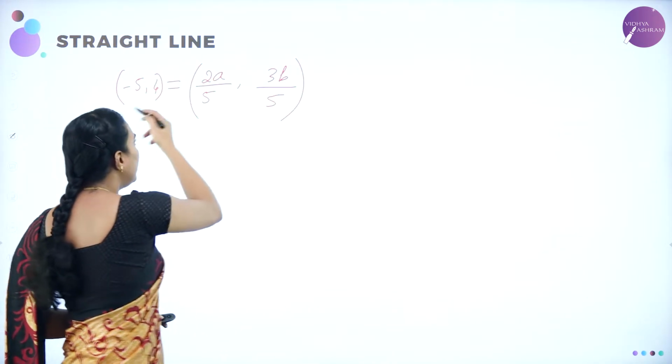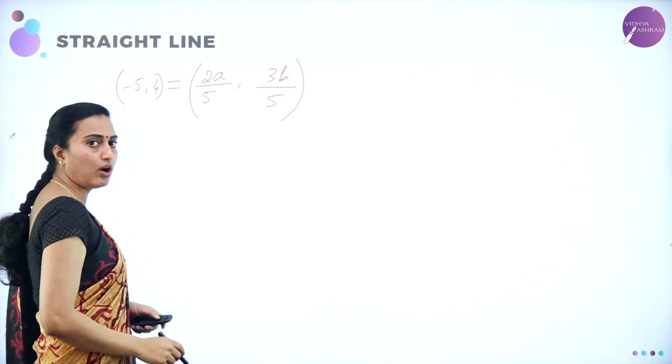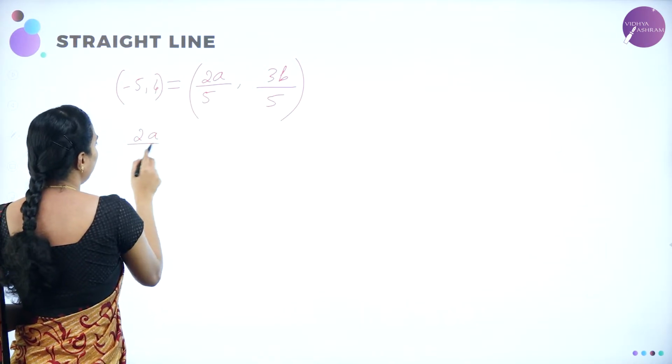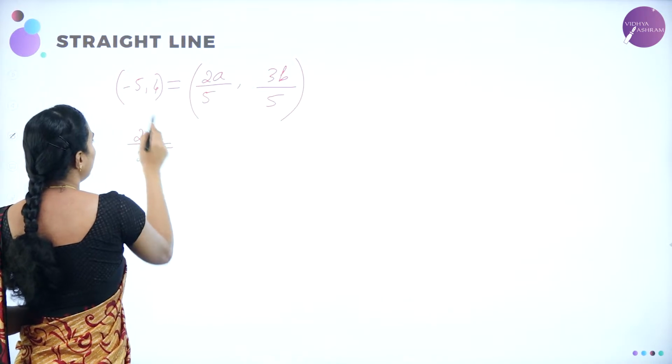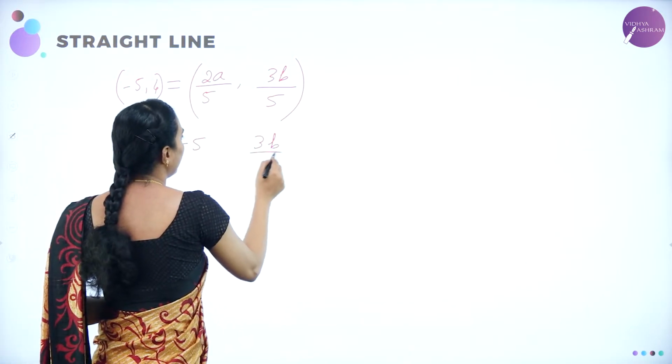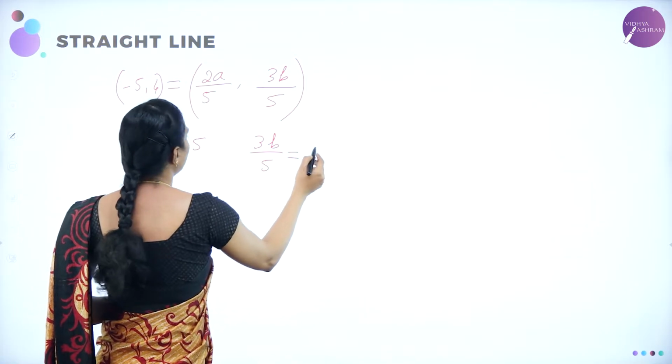So therefore, equating the first coordinate and second coordinate respectively, 2a divided by 5 is equal to minus 5. Similarly, 3b divided by 5 is equal to 4.